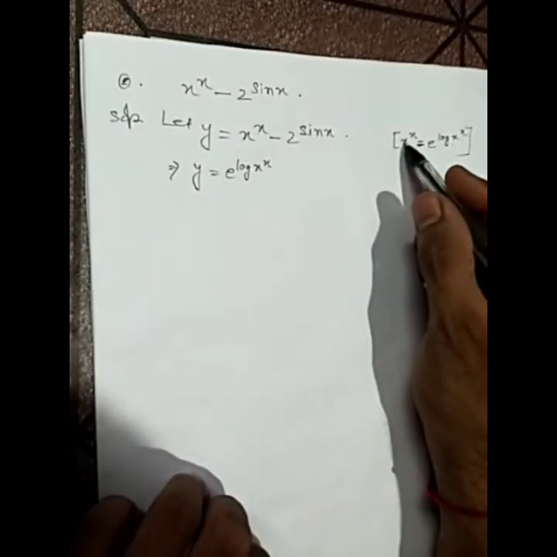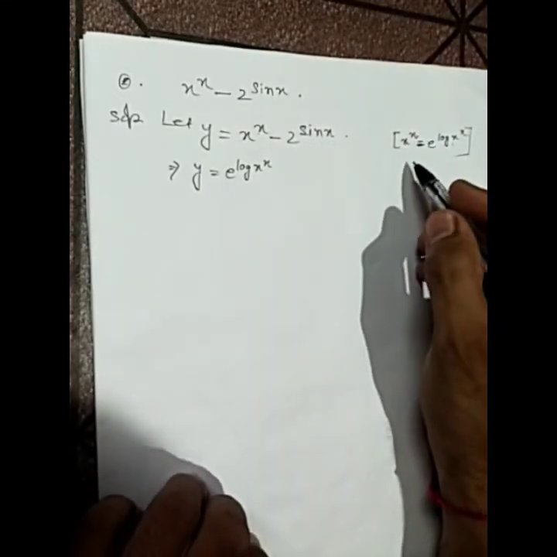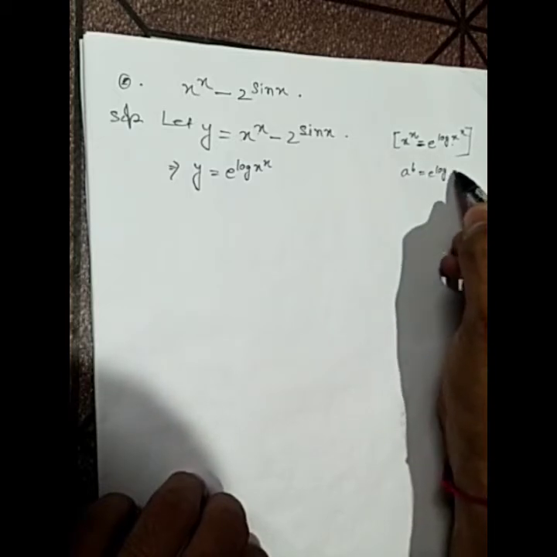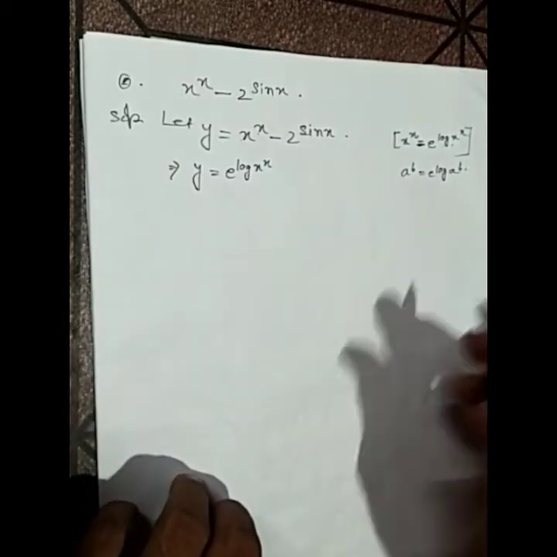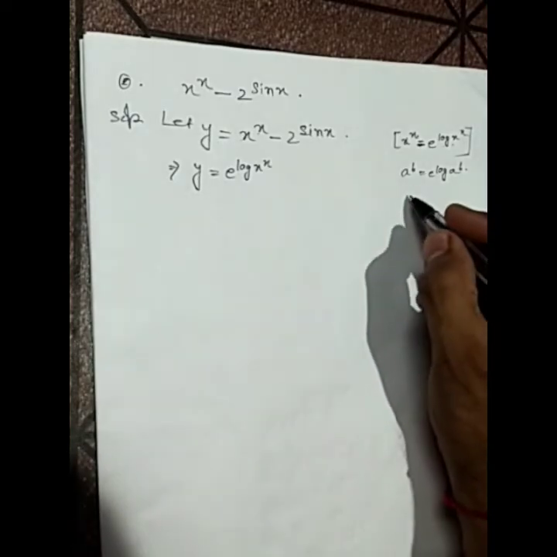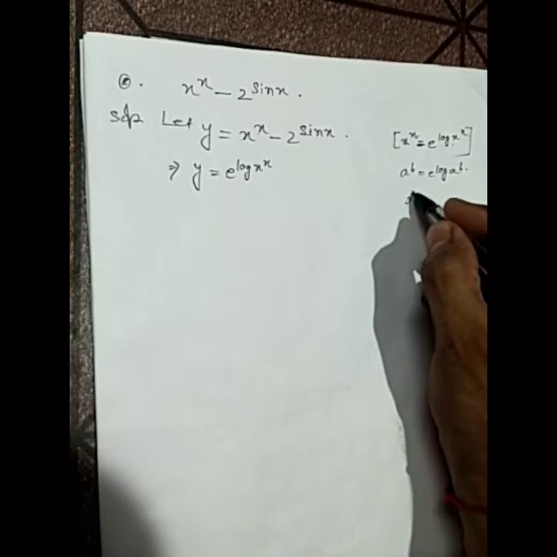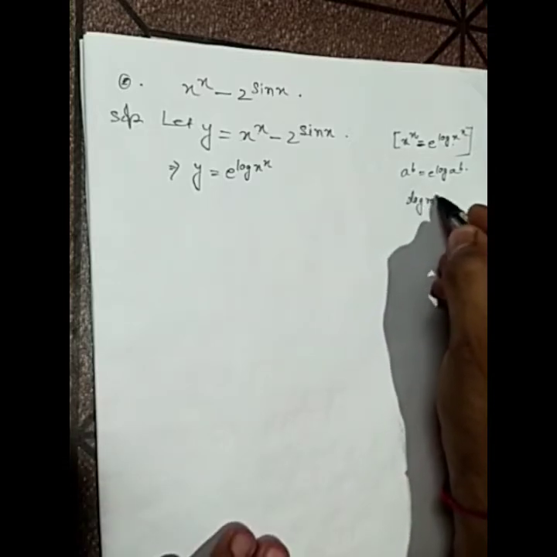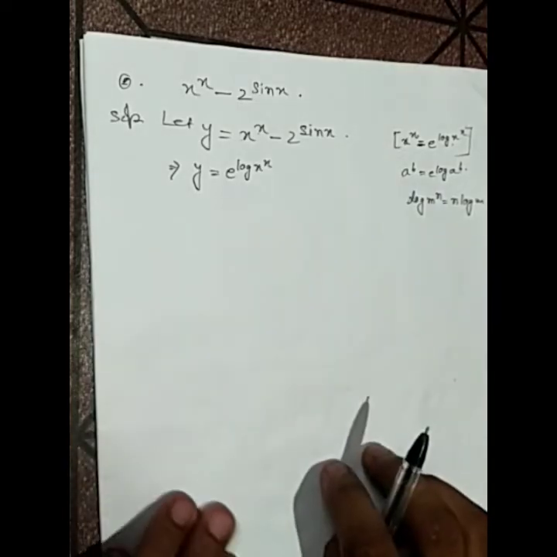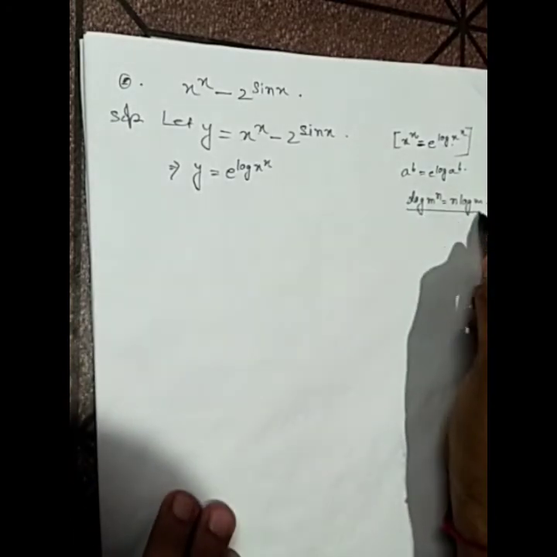Not only for x power x, everything: a power b can be written as e to the power log of a power b. Because you must know log of m power n equal n log m. You must know this also.